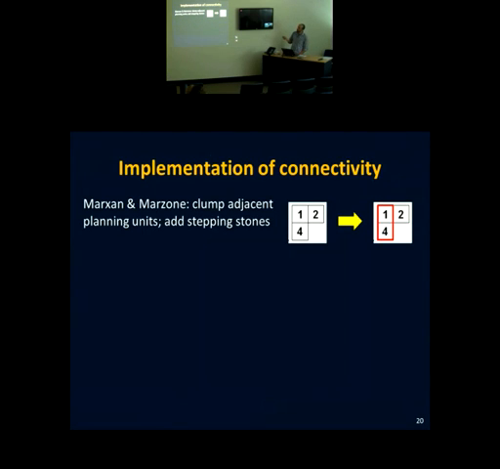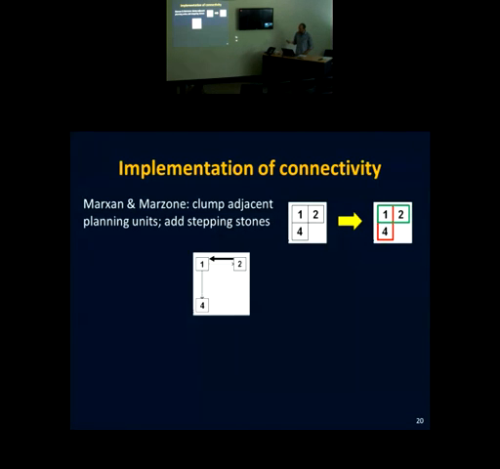And the reason why it chooses those 2 and not 2 and 4 is because usually what it aims to do is reduce the overall edge area, to basically clump things to make it more implementable and to avoid risk. The way this works is probably not very useful because we know that planning unit 1 is not necessarily as connected to planning unit 4 as to planning unit 2, as is visible from this hypothetical example.